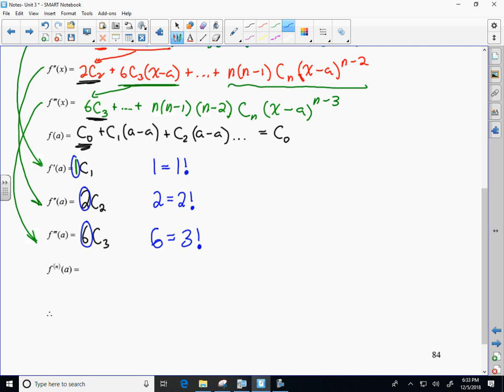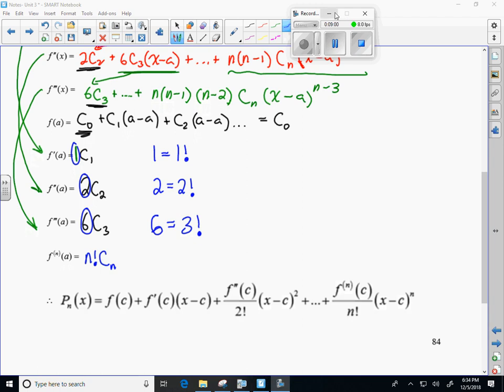So it does seem to be a factorial pattern where we're looking at n factorial times c sub n, all dependent on whatever the level of the derivative is.